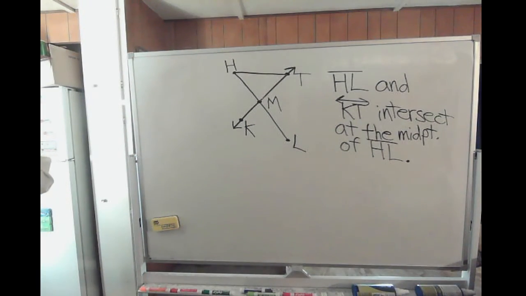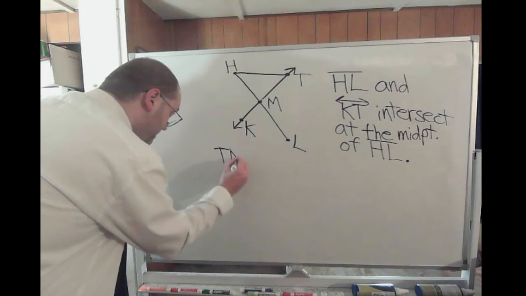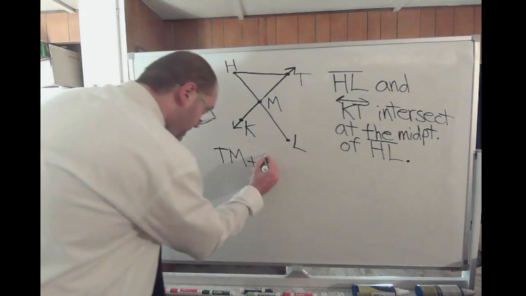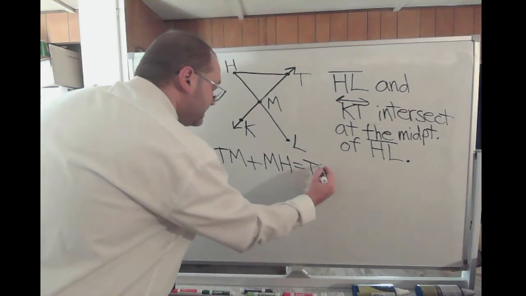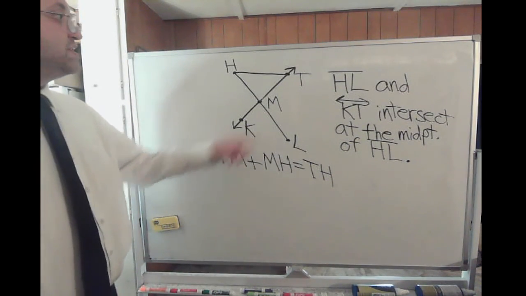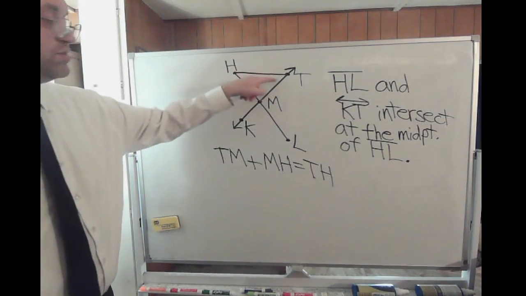3 more. How about length TM plus MH equal TH? Alright, so let's see. We have length TM plus MH equals TH.